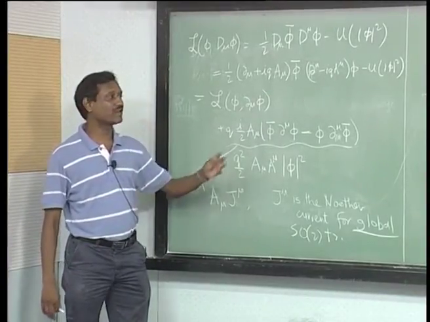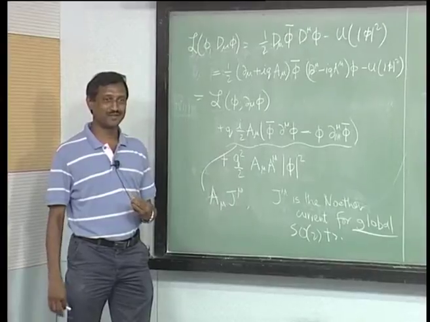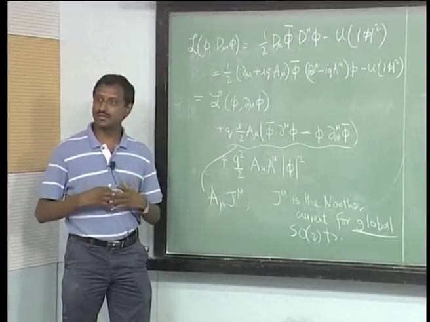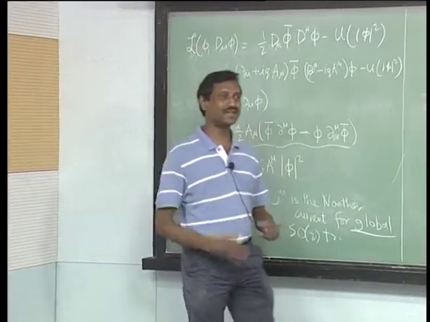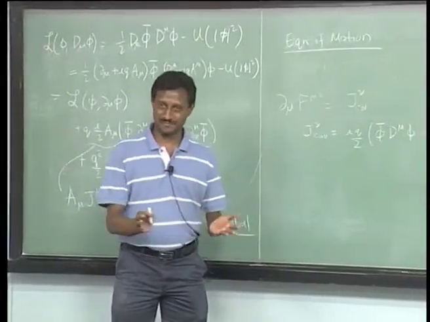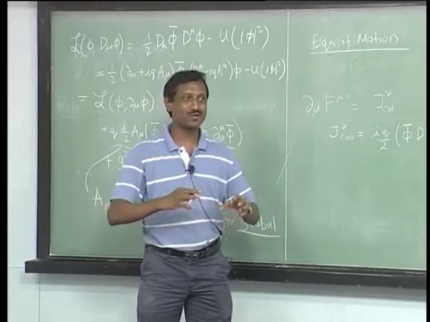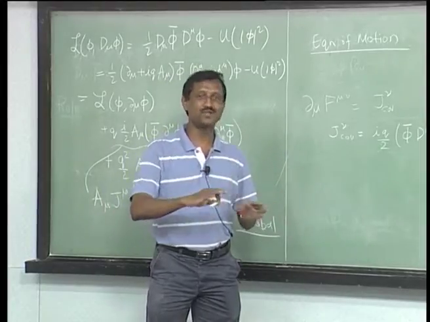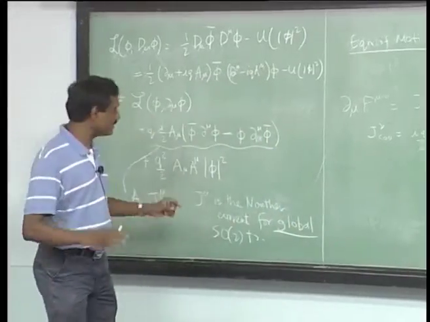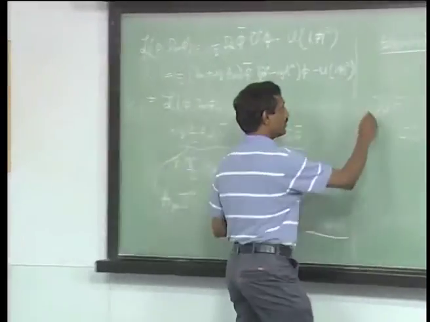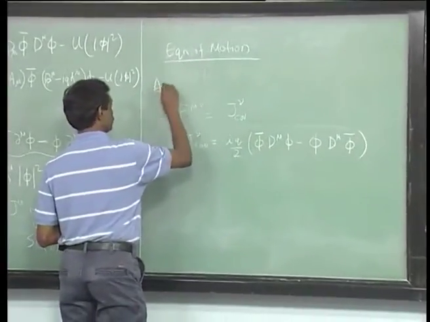This is the power of what is called covariance. What you do is you write things in terms of objects which transform nicely, and then proofs become much easier. So, the hard work goes in defining those things, and then you are done. So, here you can get this. So, this is the equation of motion for A mu.